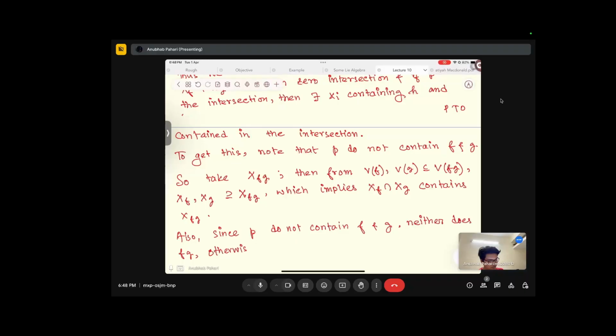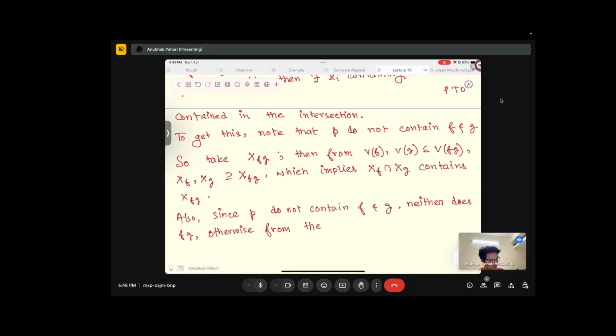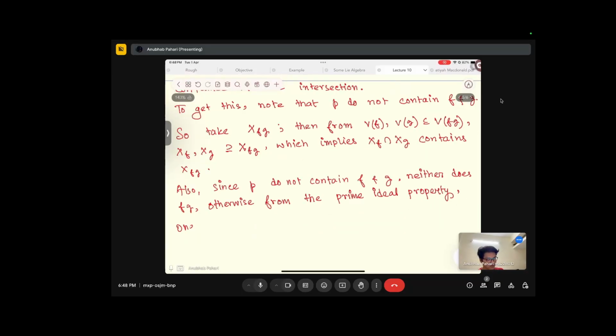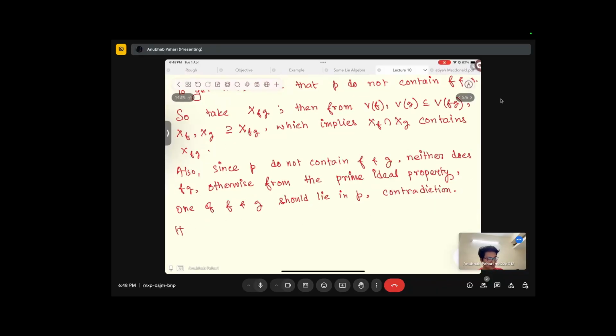Otherwise, from the prime ideal property, one of f and g should lie in P. Contradiction, hence P belongs to X_fg.